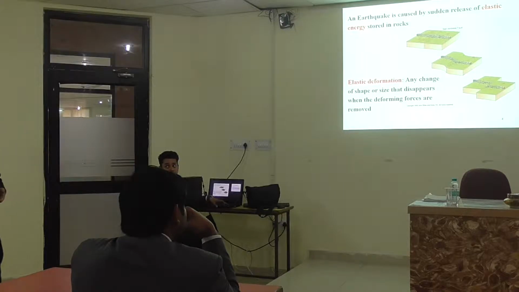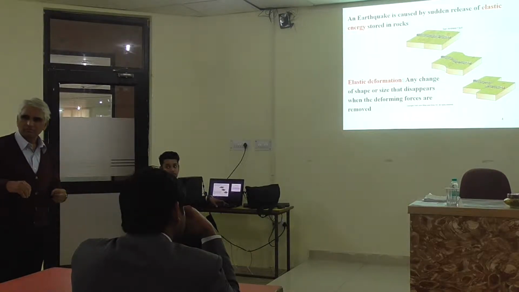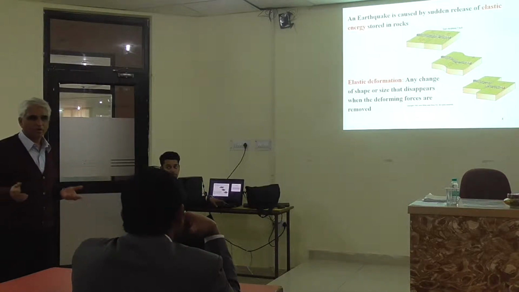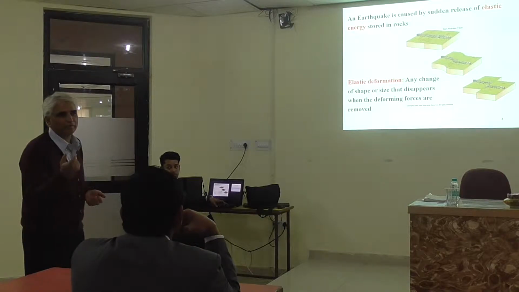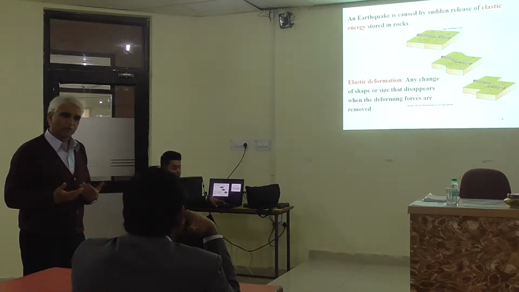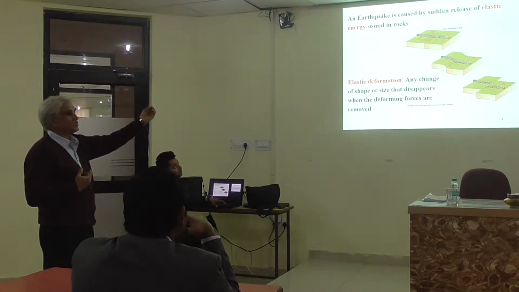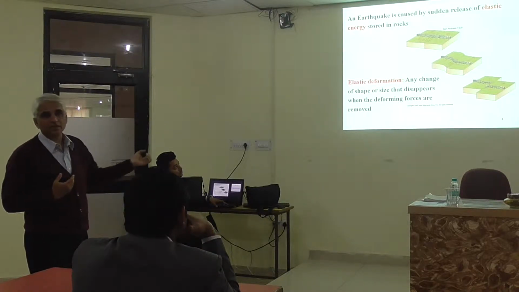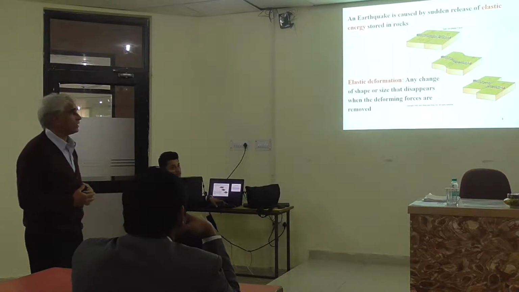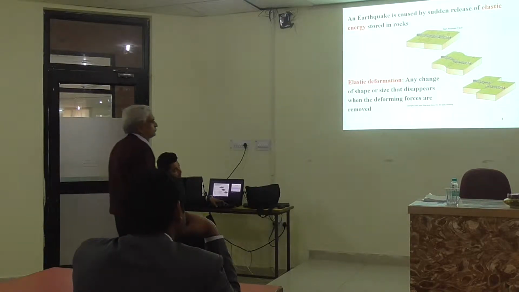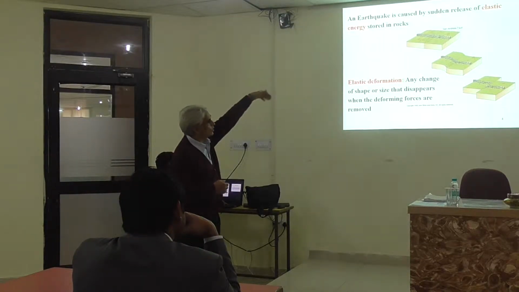And what is an earthquake? Earthquake can be defined as random, cyclic, transient motion. Transient, for a very short duration. In terms of energy, it is the release of elastic energy stored in the rocks. You can see here a fault called the San Andreas fault in the very first picture.